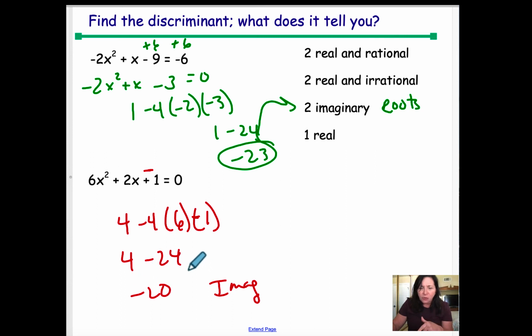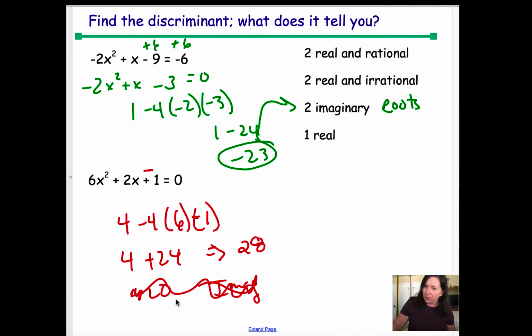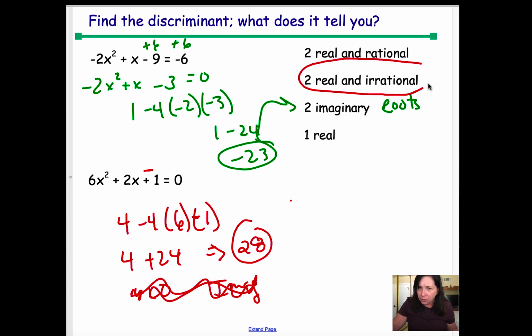So that would be 4 plus 24 if I changed it, right? And that would be equal to 28. So basically, if we change the problem to negative 1 and I got 28 as an answer, that would mean that I have 2 real and irrational roots, okay? That's what that would mean.